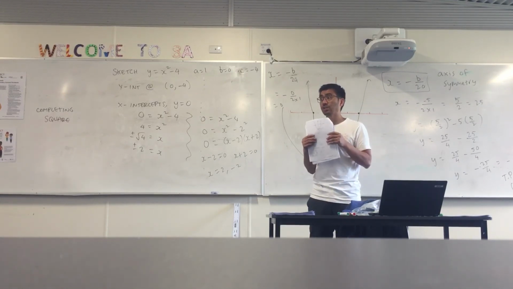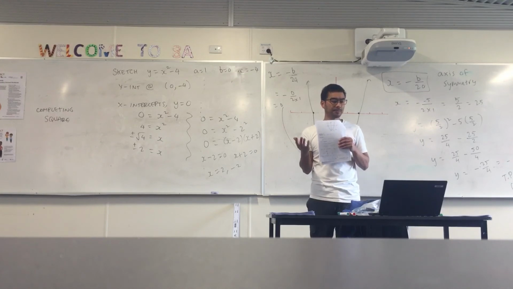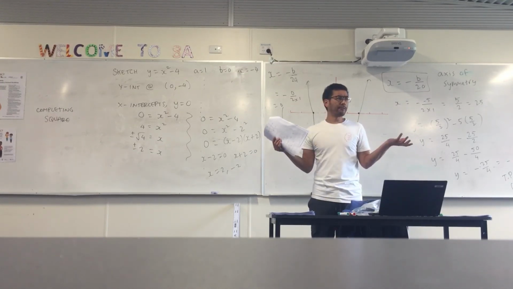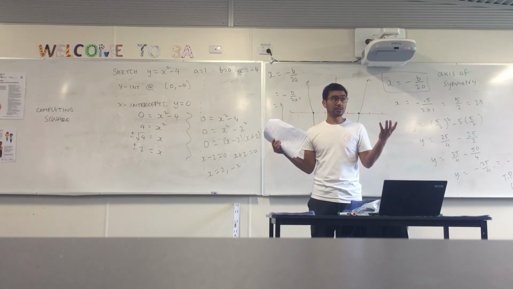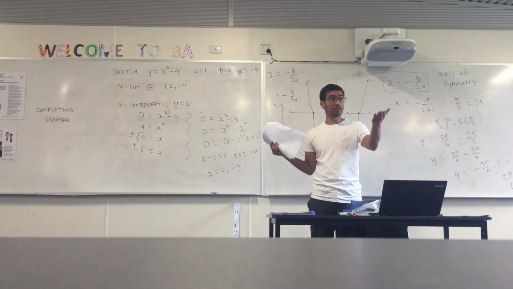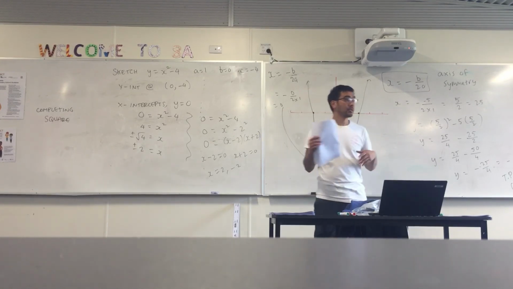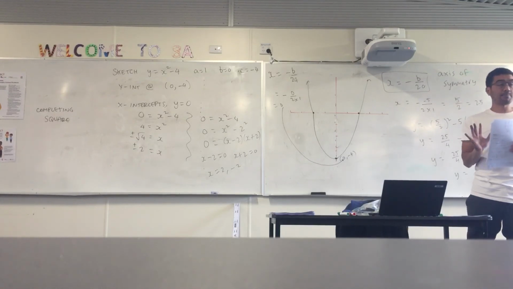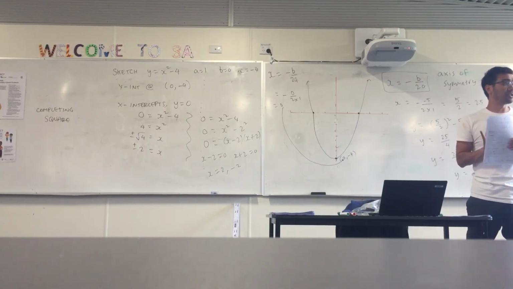If you have any questions, let me know. Now, just to recap, the advantage of completing the square is to look at the turning point clearly. And it shows you mathematically if there are solutions or not.